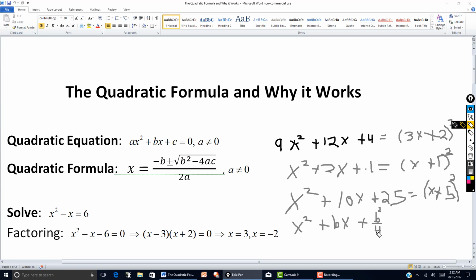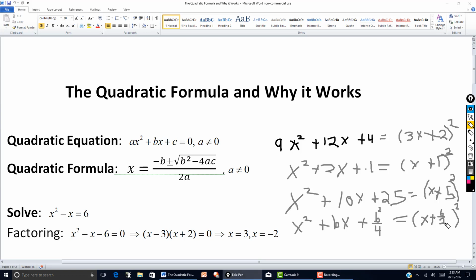If you try to factor this out, again it's going to be the square of a binomial, so it's a perfect square. This is going to be the square of x plus b over 2.